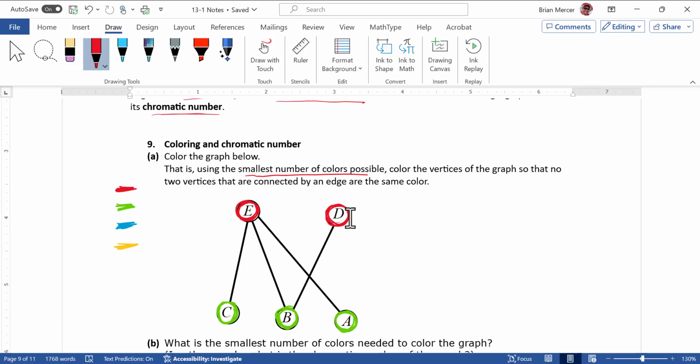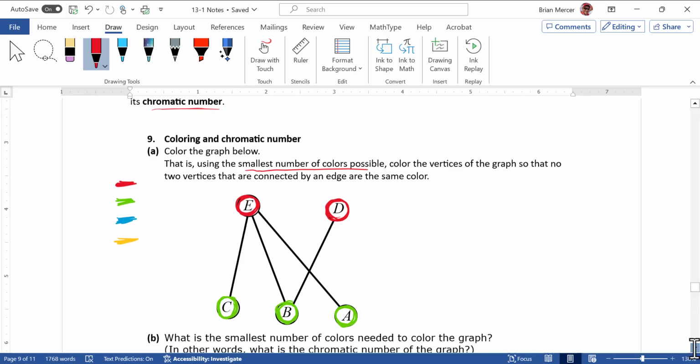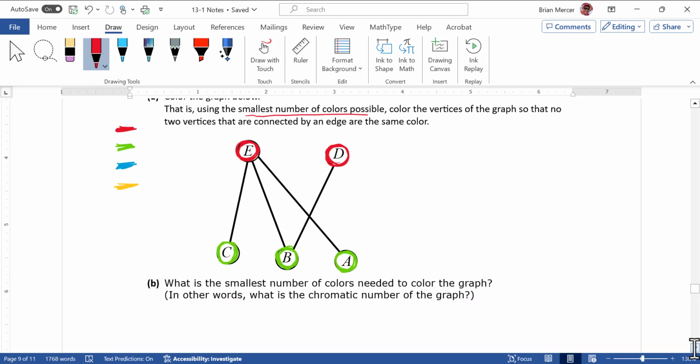So the smallest number of colors I needed so that no two vertices connected by an edge are the same color was 2. There's my graph that's been colored. The chromatic number for this particular graph is 2.